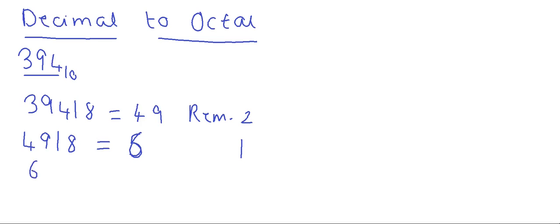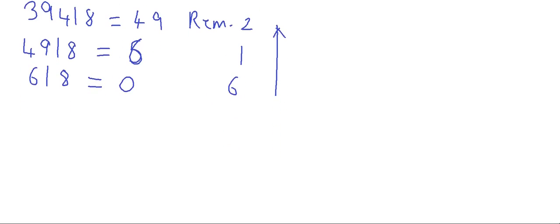Then I'll divide 6 by 8, and since we cannot divide 6 by 8, 8 times 0 is 0, and the remainder is 6. And then you go from bottom up. So the octal representation of this decimal number is 612.